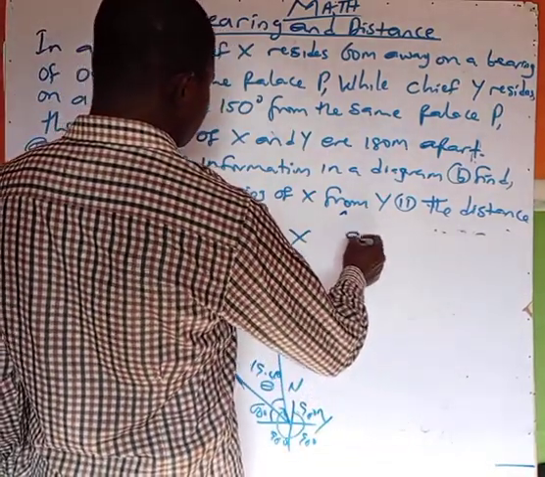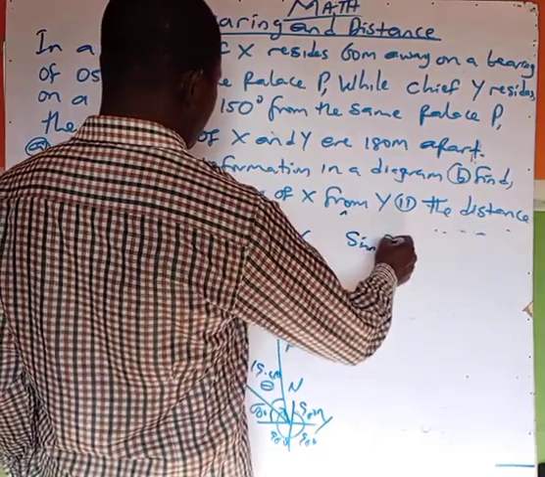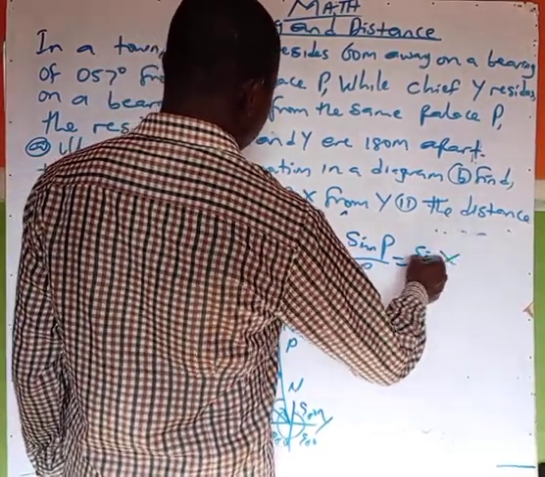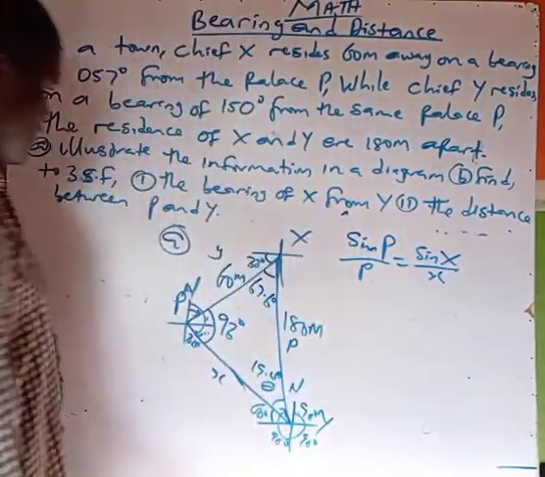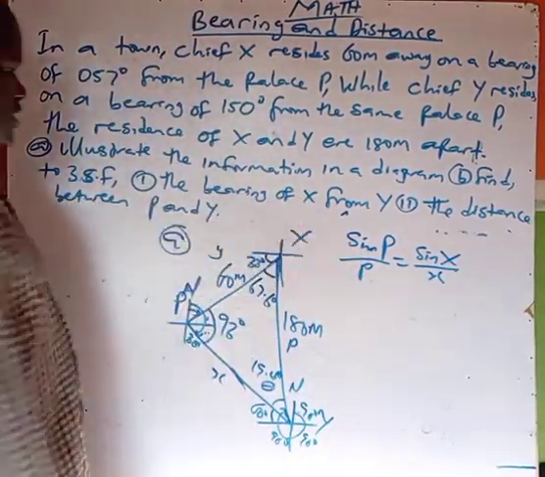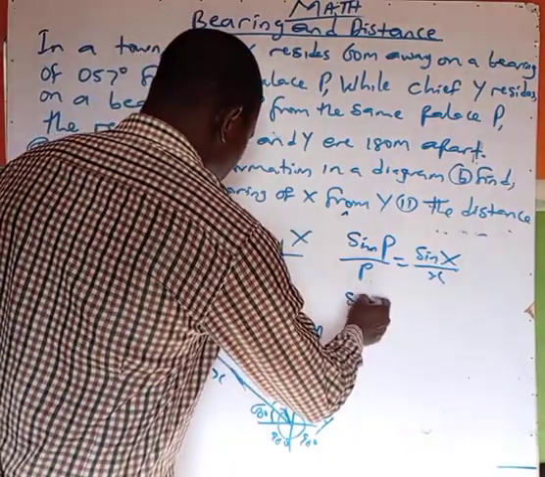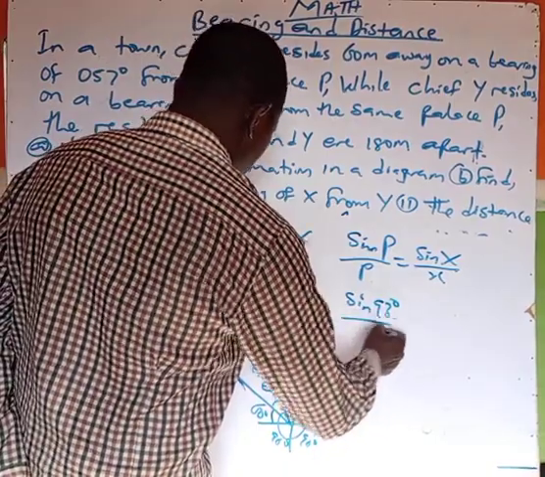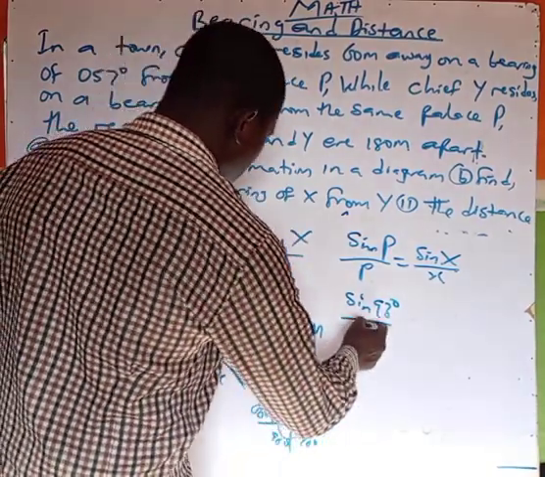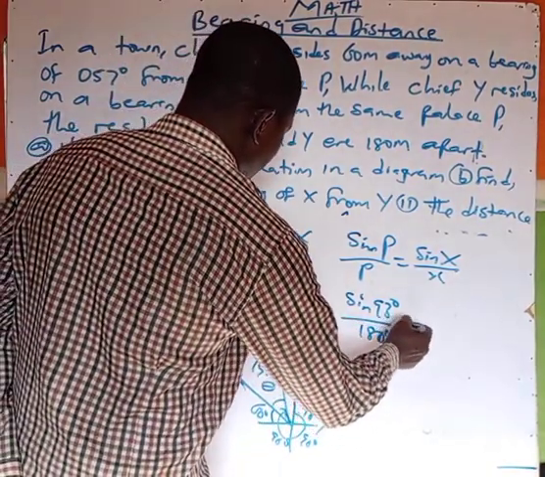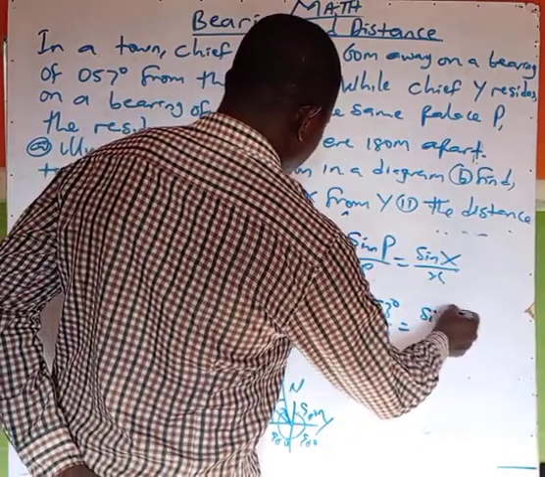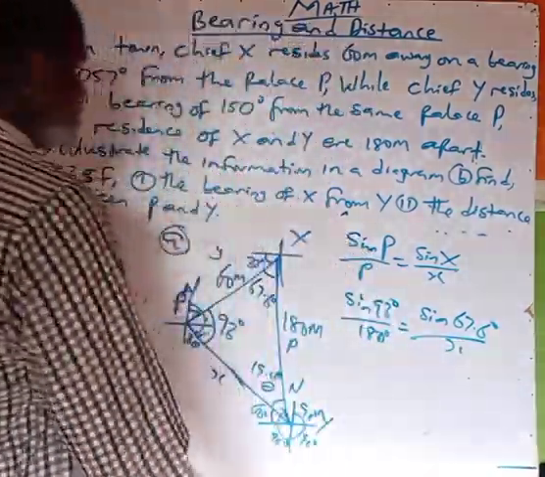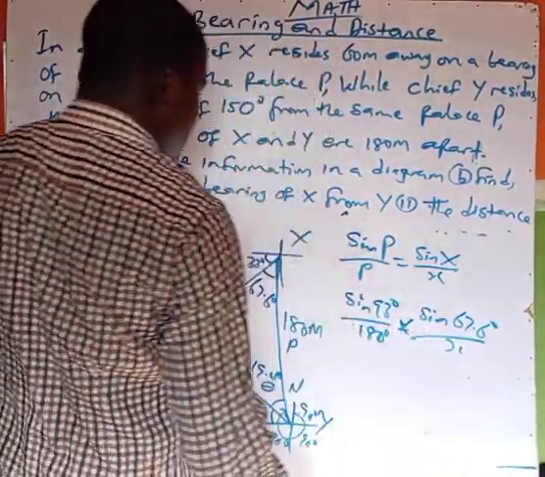So here you will have sine P over p equal to sine x over x. So you have sine 93 over p, which is 180 degrees, equal to sine 67.6 degrees over x.